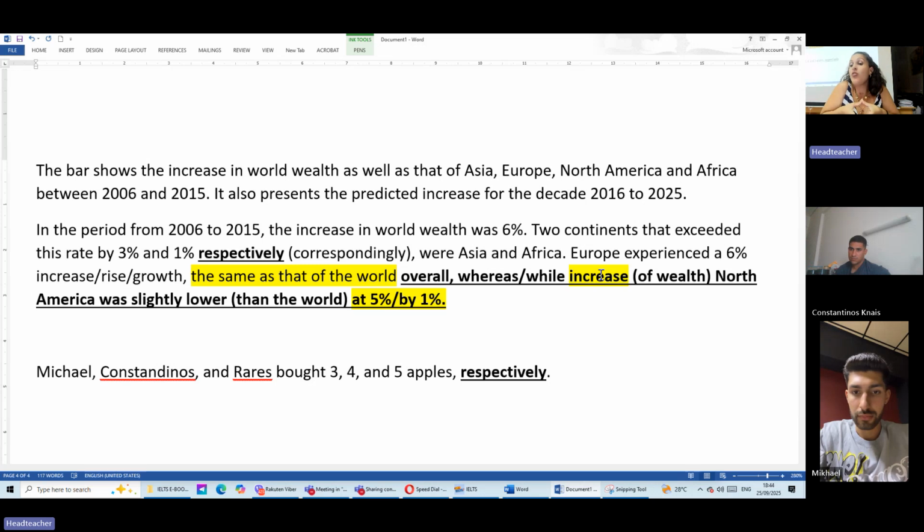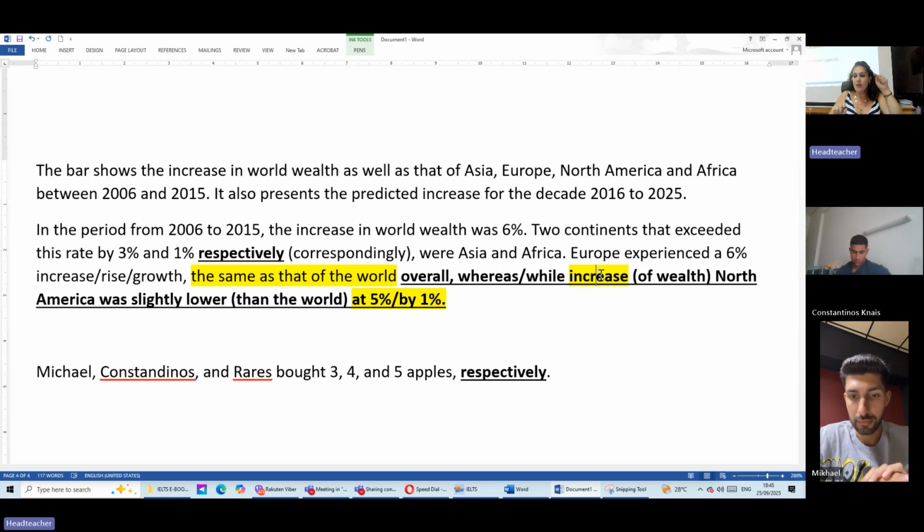So don't speak about the continents, speak about the increase of wealth in the continents. Remember what you describe. You don't describe the people or the countries, you describe another parameter within those countries, which is the increase of wealth. And be careful, you don't describe the wealth as such, you describe the increase of wealth, because this bar chart speaks about the increase of wealth, not about the wealth.